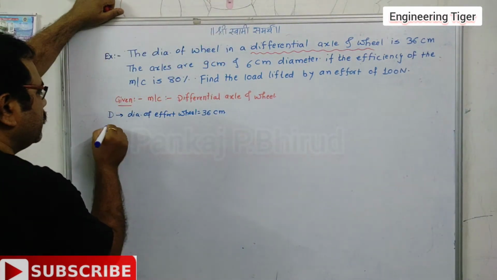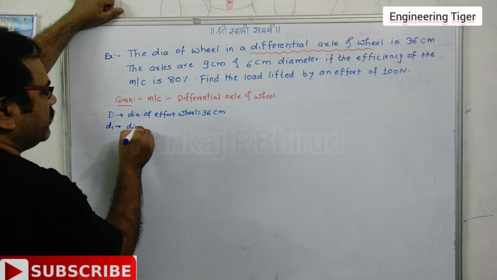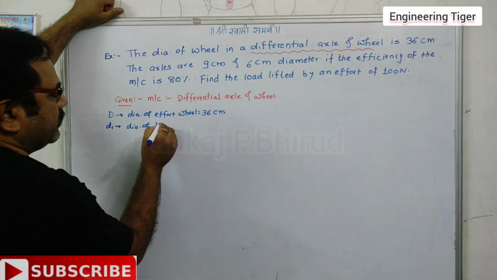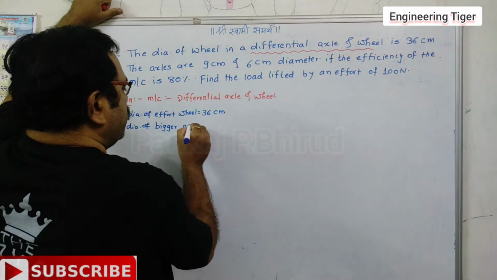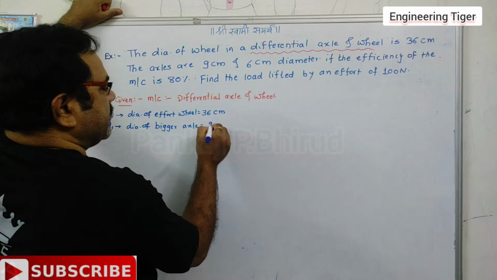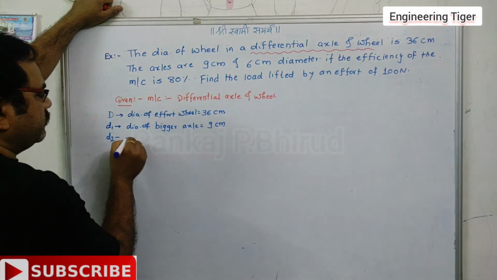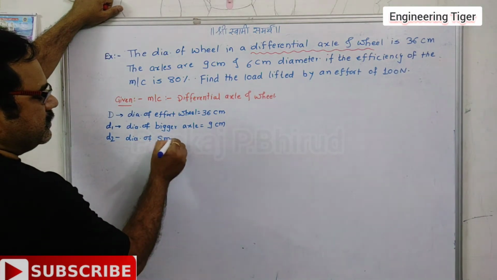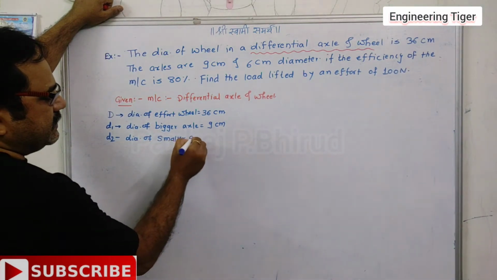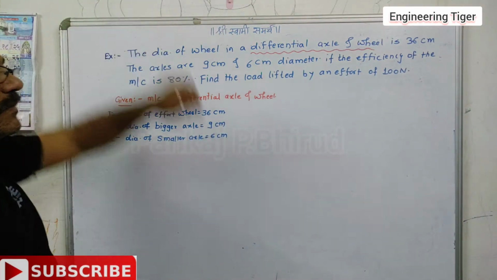So we'll put small d1 for the diameter of the bigger axle or load drum, that is 9 centimeter. Then small d2, the diameter of the smaller axle or load drum, is 6 centimeter.